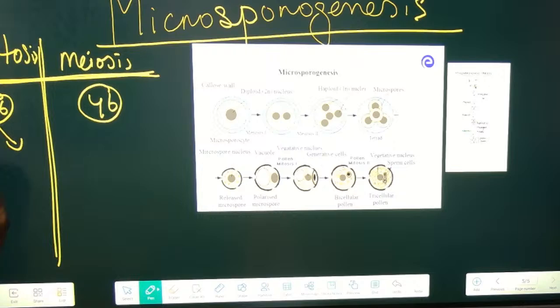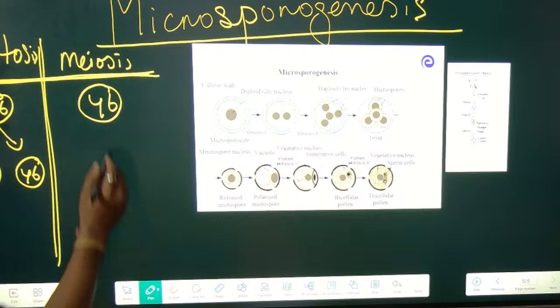So in this process, having 46 chromosomes, it will create two cells containing 46 chromosomes each. Means the number of chromosomes is not reduced, it is constant. Got it?